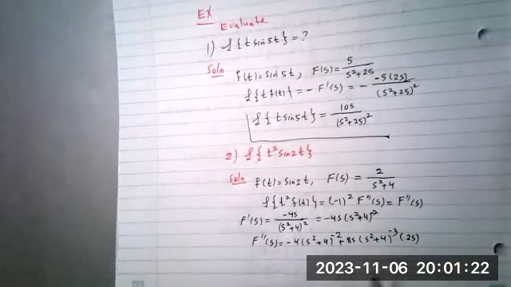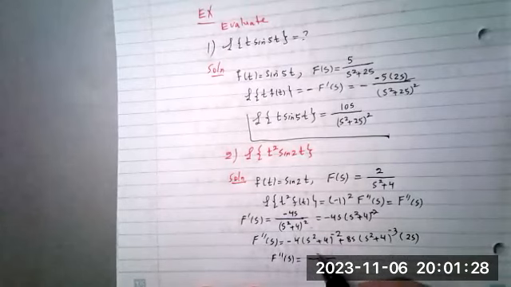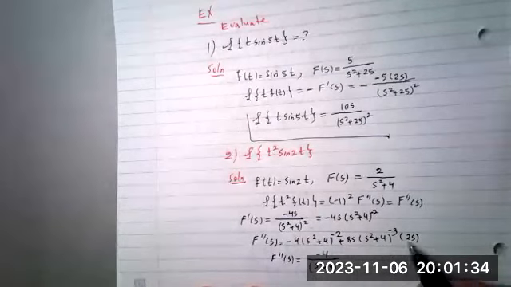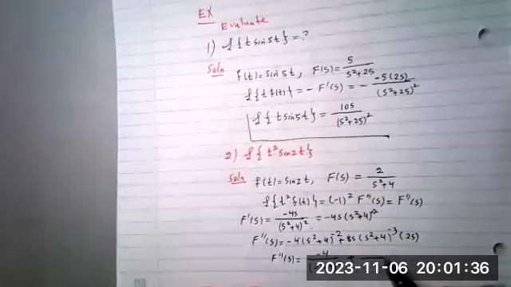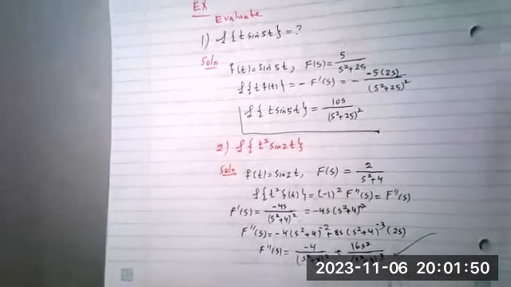You just put these monomials together and then you're done. F double prime of s is equal to -4 over s squared plus 4 all squared, plus 8 times 2, 16, 16s squared over s squared plus 4 to the third power. So that gives you the final answer.